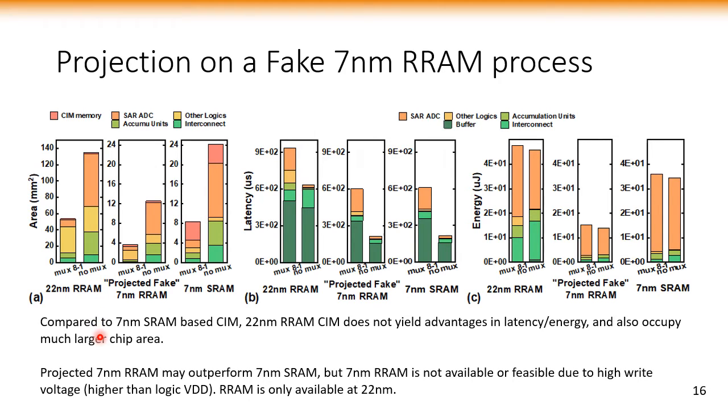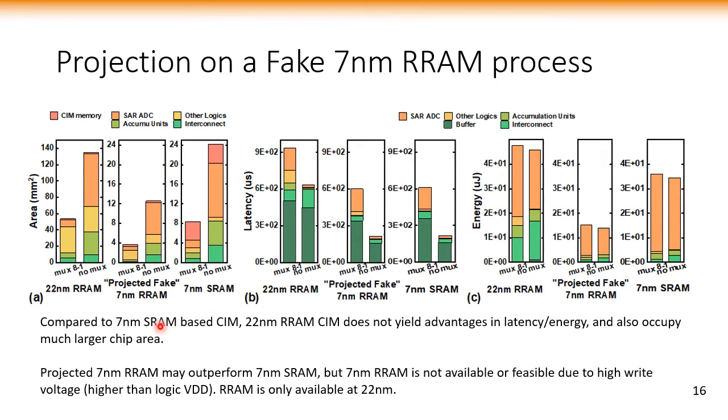The conclusion from reading those plots is that compared to 7nm SRAM-based computing memory, the 22nm RRAM computing memory does not yield any advantages in latency and energy, and it also occupies a much larger chip area simply because it's an older technology node. So it seems that RRAM has no advantage compared to the state-of-the-art SRAM for computing memory.